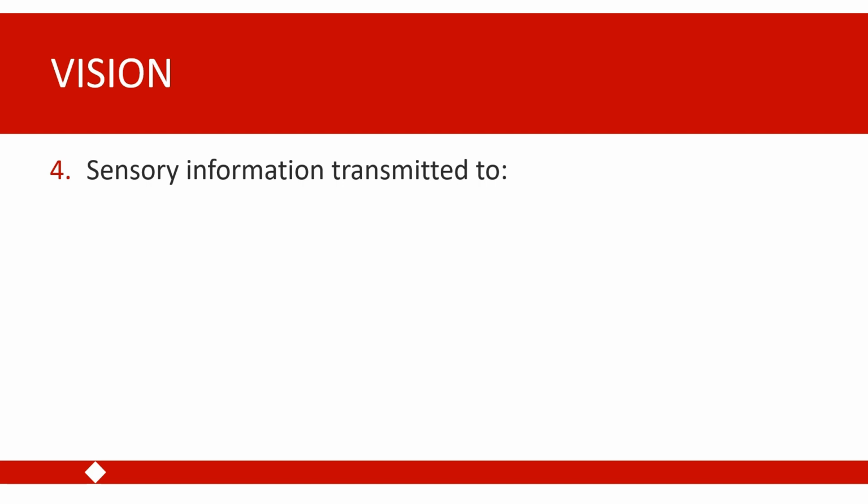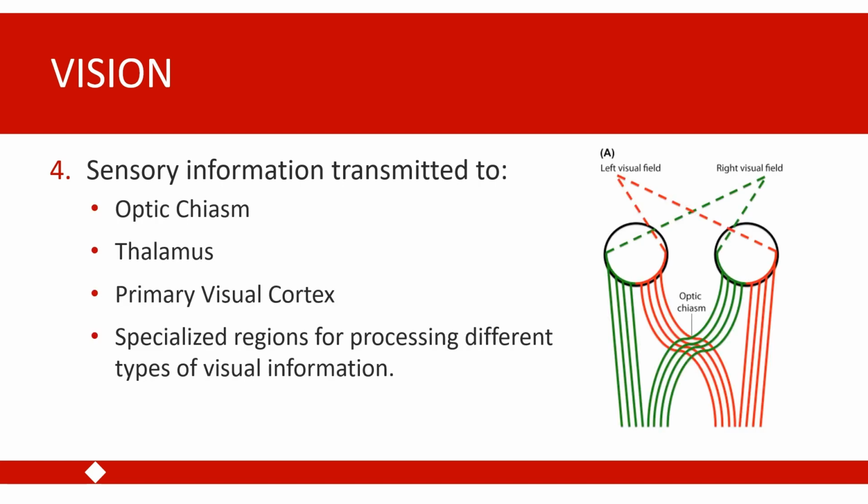So the optic nerve exits the eye, and this sensory information is then transmitted to the brain, and information from the left and right visual fields is sent to the contralateral hemisphere of the brain. Information from the left visual field is perceived on the right side of the retina of each eye, both the left and the right eye.